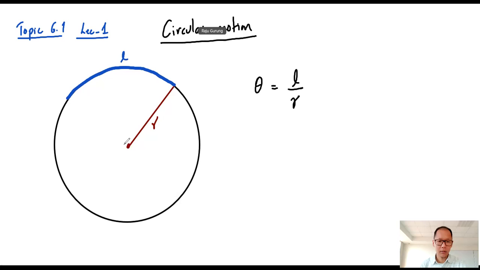Let's extend the line of the radius to form a diameter of the circle like this. So this is also r. Now the arc length is the semicircle, right? It's a semicircle here now. And the angle is this one. So this is the angle theta.